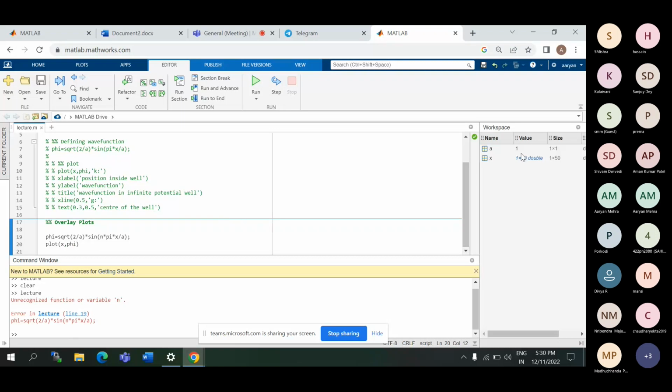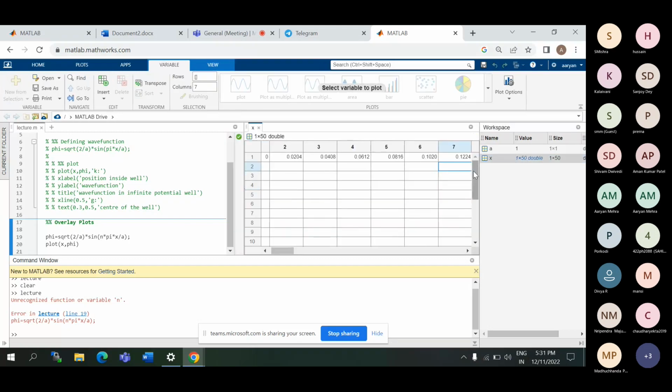Here you can see the workspace. There are two variables right now, a which is 1, and x which has values from 0 to 1 in 50 steps. So it is a 50 number vector, like a row or column matrix with 50 numbers in it.